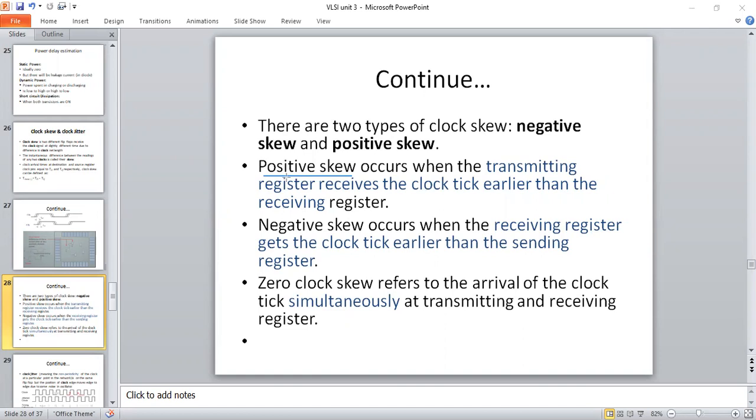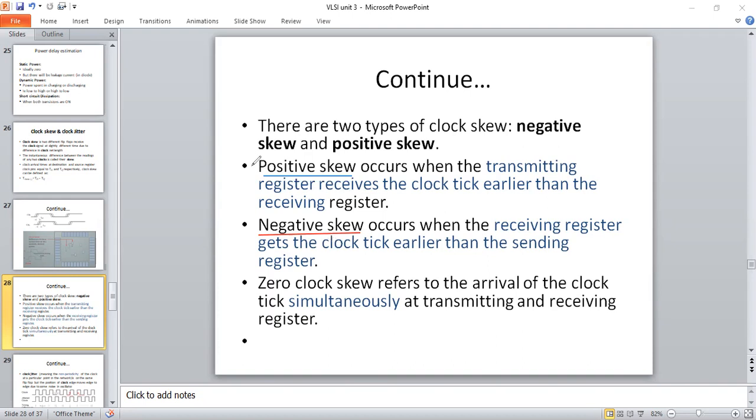What about the negative? Negative is whenever the receiving register gets the clock tick early compared to the sending register, the transmitting register, and it is called negative skew. Okay, that is the main difference between these two.